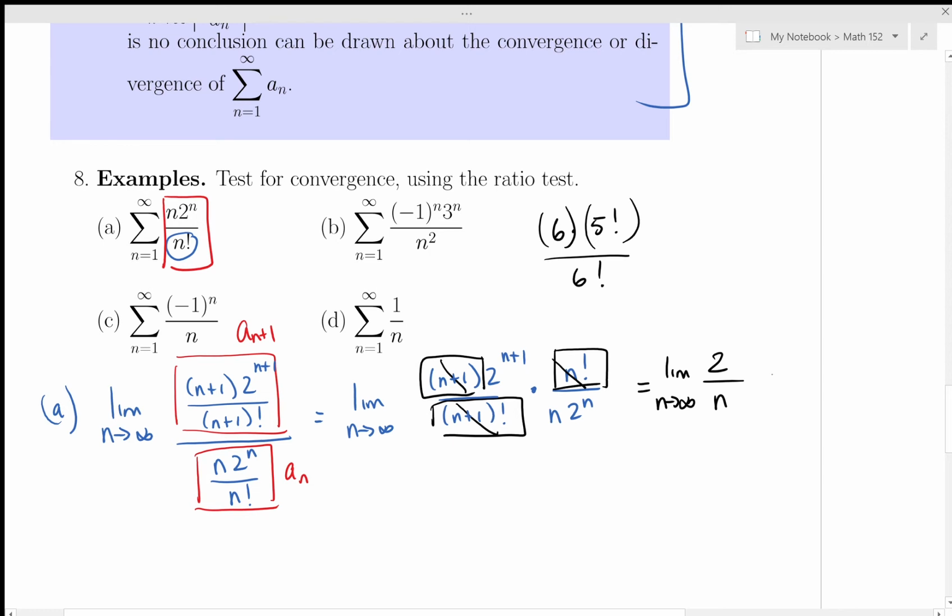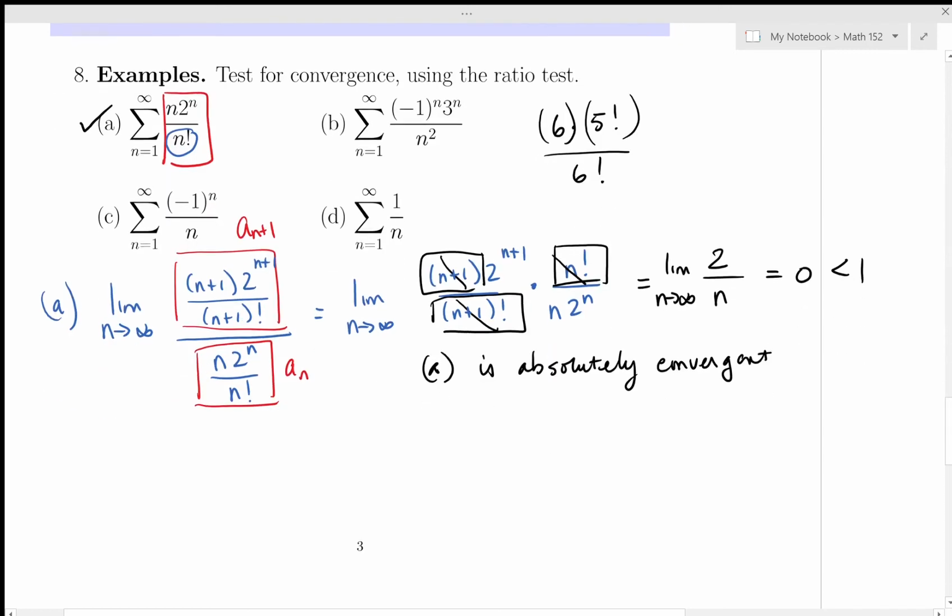So then I can take this limit as n goes to infinity, and I get 0. So the series under consideration, this one right here, A, is absolutely convergent. This is less than 1.